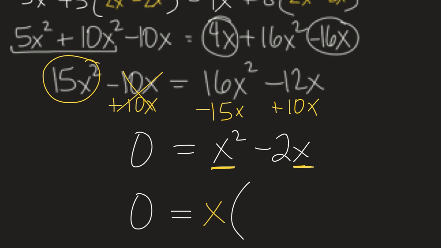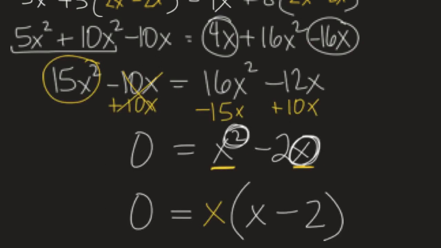If I take x away from here, I just have x left. And if I take x away from here, I have a minus 2. Do you see what happens here? If I were to distribute, x times x is x squared, x times minus 2 is minus 2x. So this isn't a quadratic style factor, this is a common multiplier style factor.